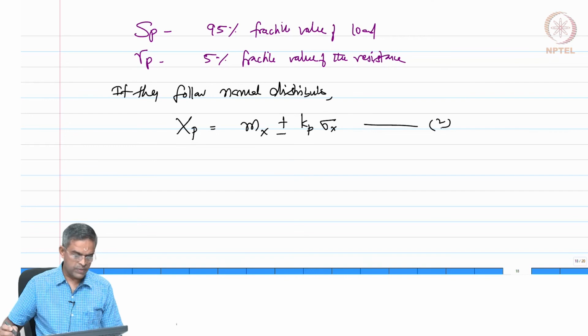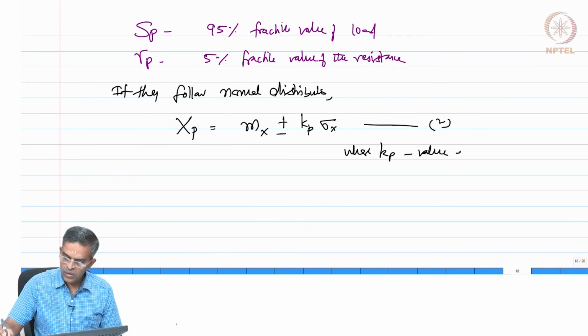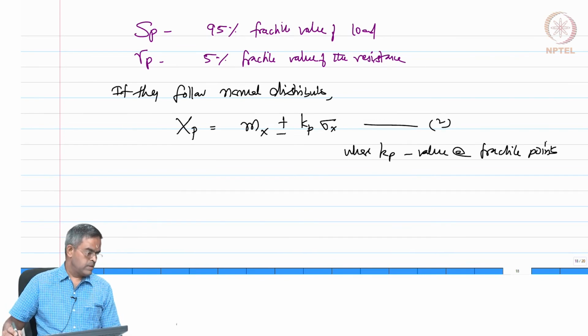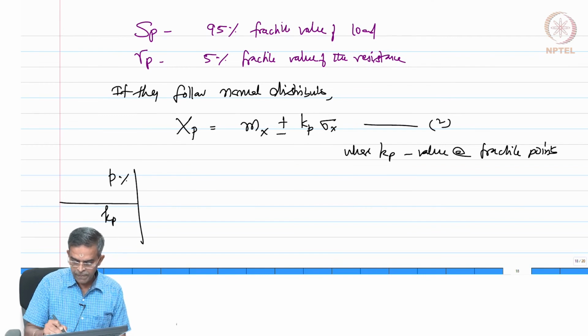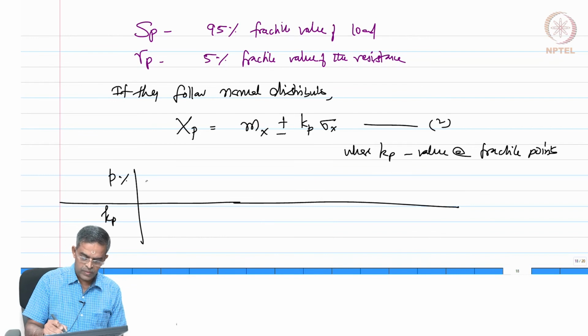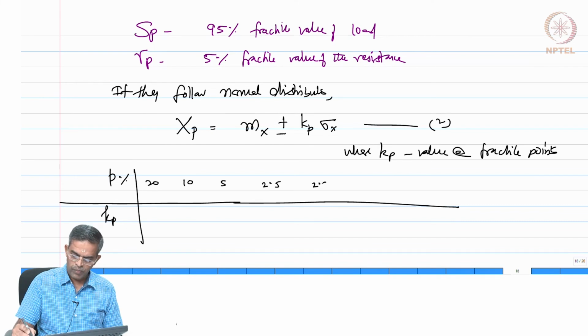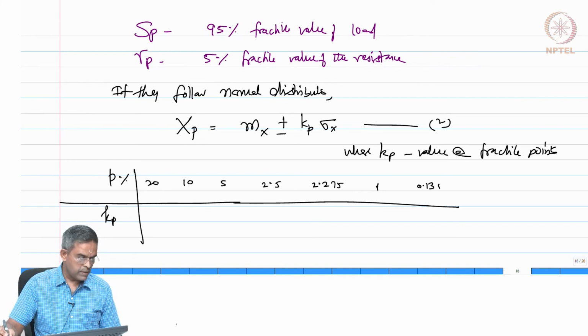Equation 2, the previous one is equation 1, where kp is the value at the fractile points. Let us say in terms of p as percentage, we can write kp: 20%, 10, 5, 2.5, 2.275, 1, 0.135, 0.0032.